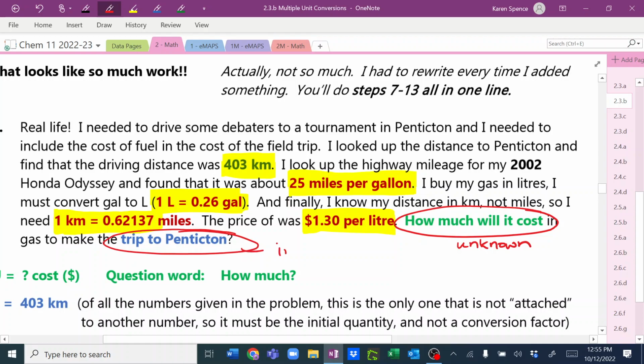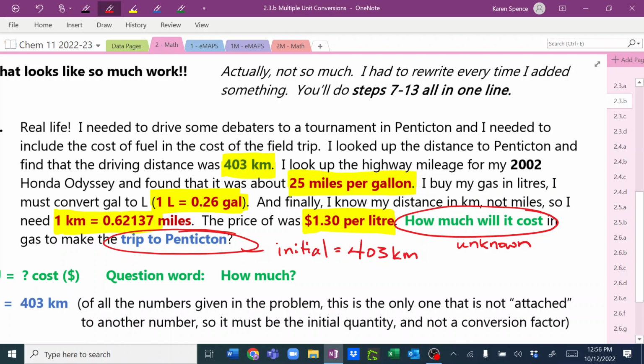So that's going to be our initial quantity. And what do we know about our trip to Penticton? It is 403 kilometers. So we're going to be starting with 403 kilometers and converting until we get to dollars.